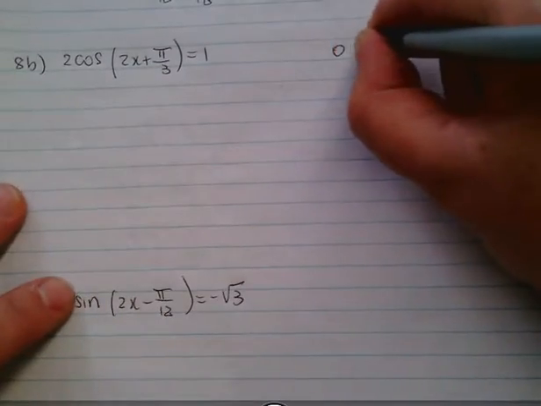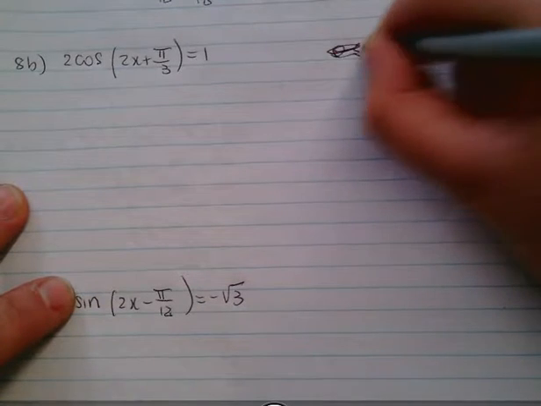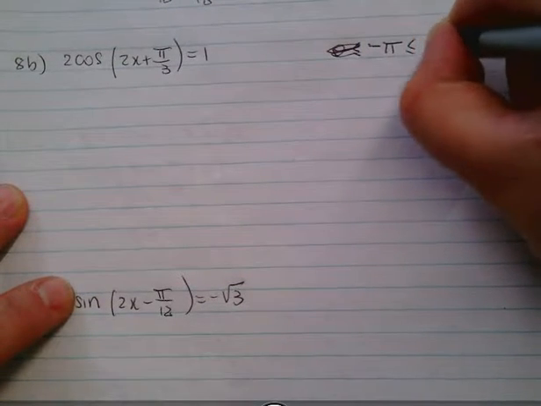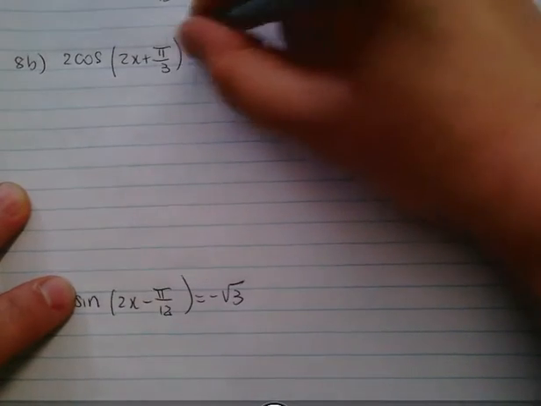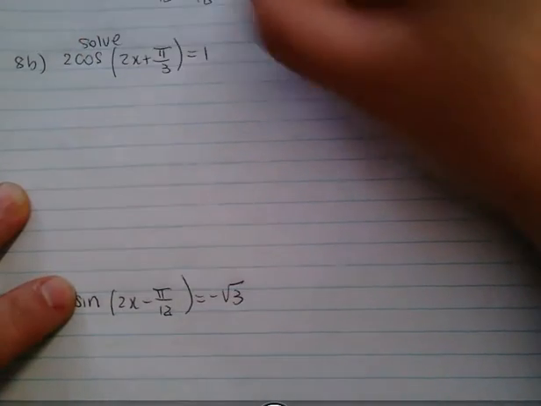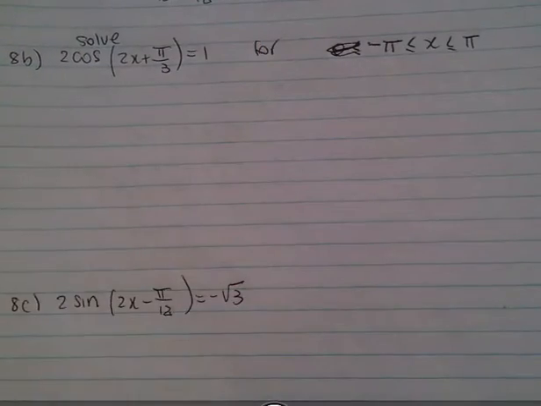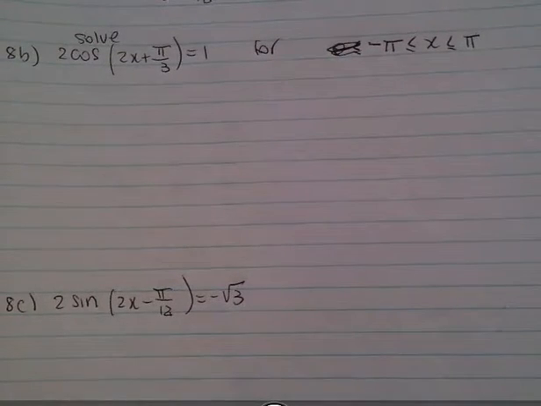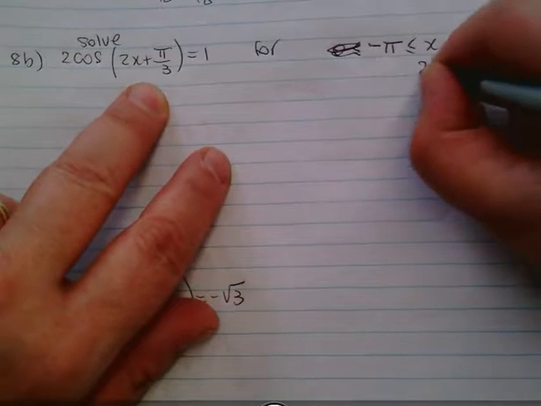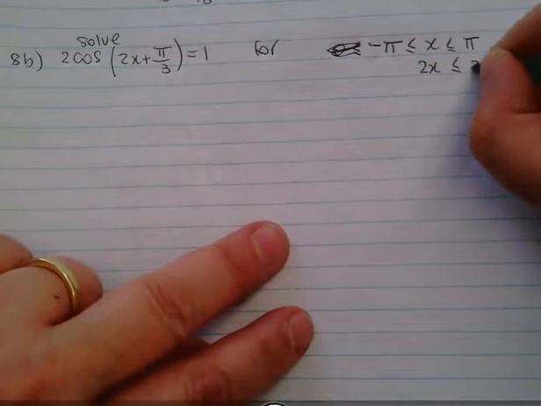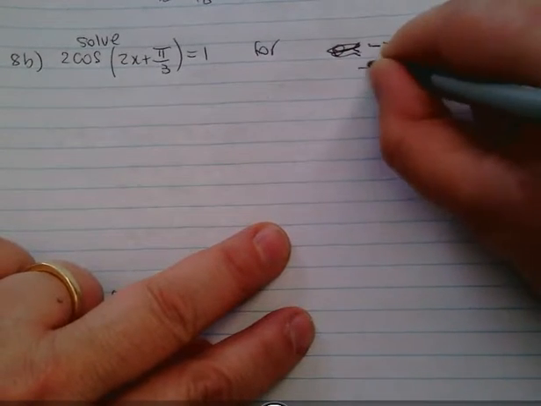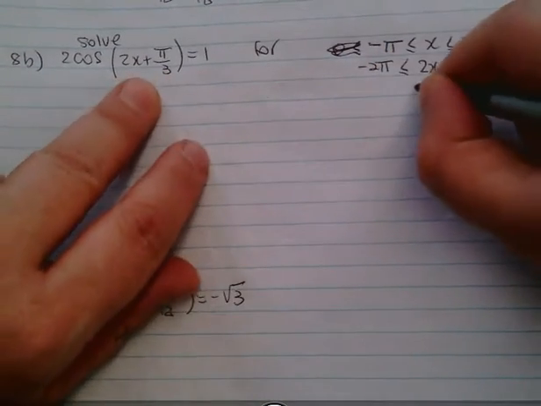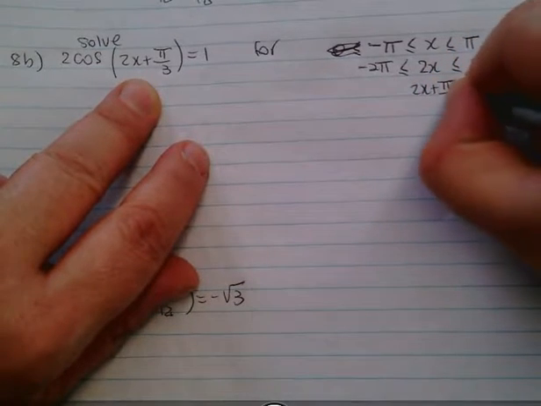So let's look at our domain first. So we're supposed to solve for negative pi through to pi. That is the question. However, we've got 2x, so you would have to double all these. But then we've got 2x plus pi on 3.